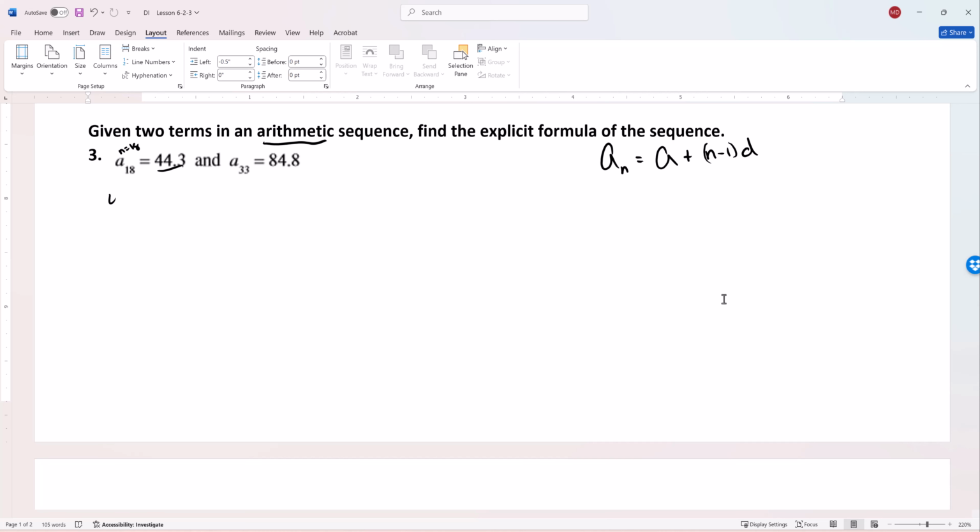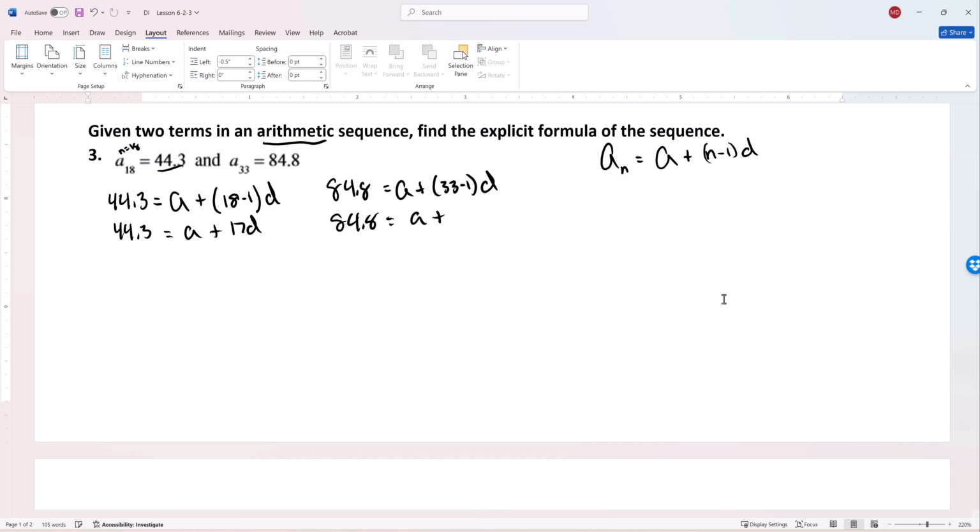So then you get 44.3 equals a plus 18 minus 1 times your common difference d, because we don't have those. And then the next one is 84.8 equals a plus 33 minus 1 times your common difference d. So you get 44.3 equals a plus 17d, and then you get 84.8 equals a plus 32d.